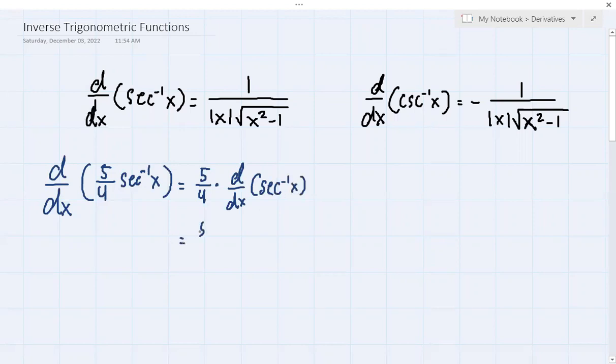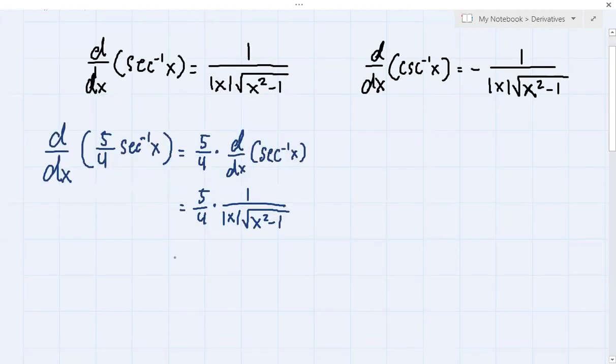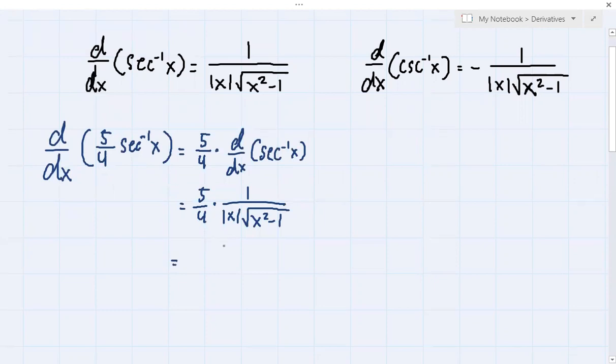So, ang derivative ng arc secant is 1 all over absolute value of x times the square root of x squared minus 1. So, multiply them together, we will have 5 all over 4 times the absolute value of x times the square root of x squared minus 1. Yan na. Yan yung sagot.